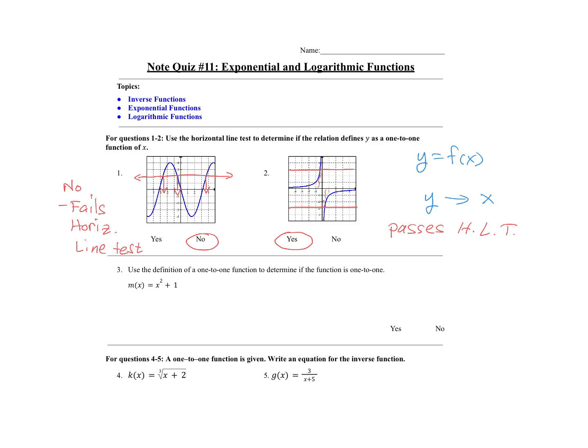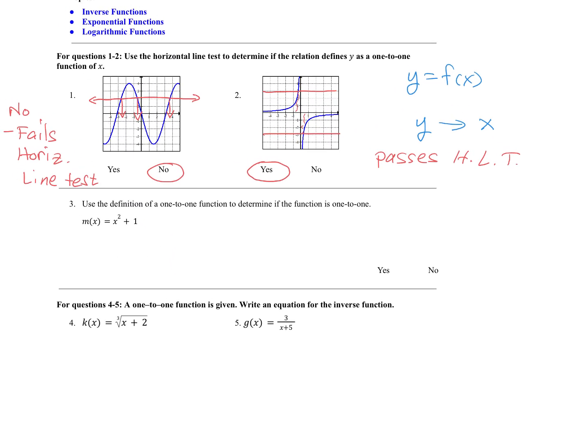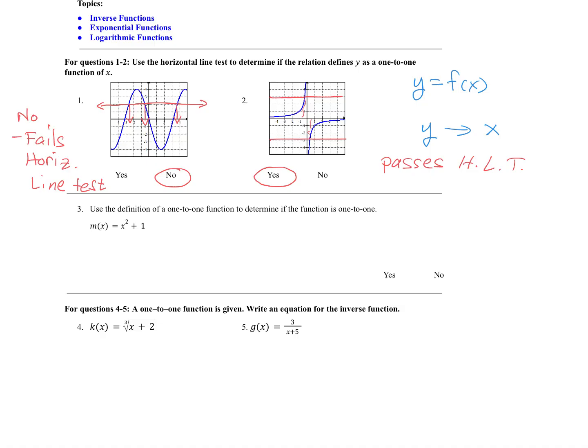For the next problem, you will notice that they're giving us a formula. And again, there would be nothing wrong with graphing this function and applying the horizontal line test. But to really emphasize the idea here, let's take two different x numbers. Let's calculate m of -2 and m of +2.